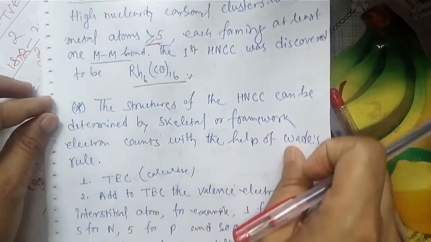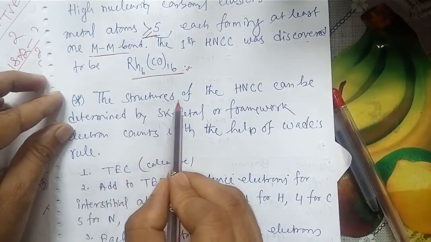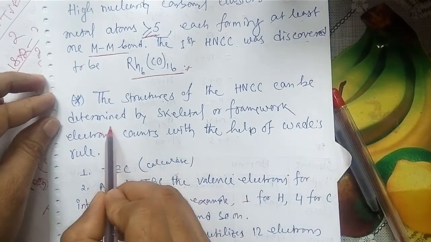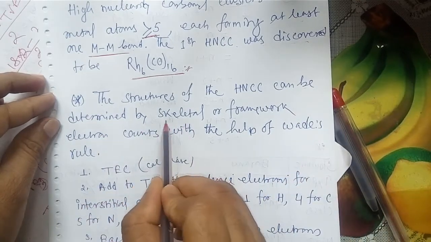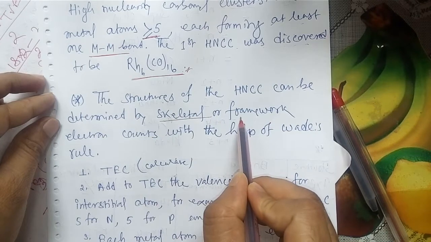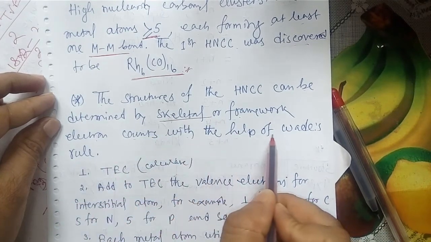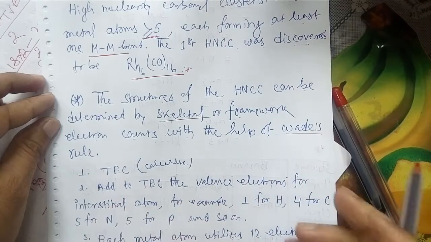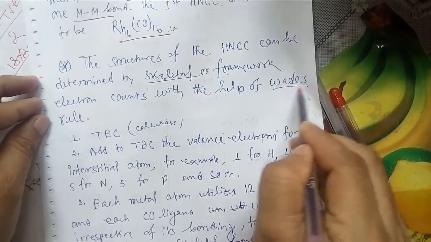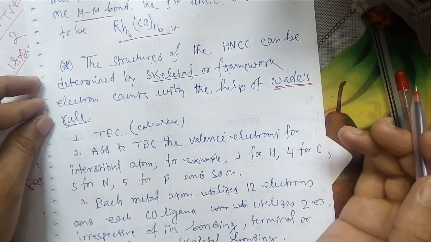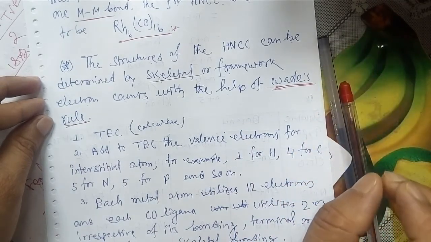Now, the structures of the HNCC can be determined by skeletal or framework electron counts with the help of Wade's rule. This will be very important for CSIR-NET, GATE and IIT JAM also.